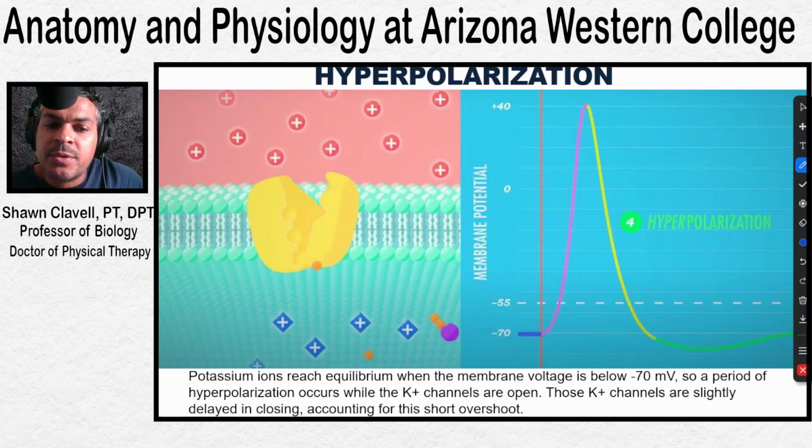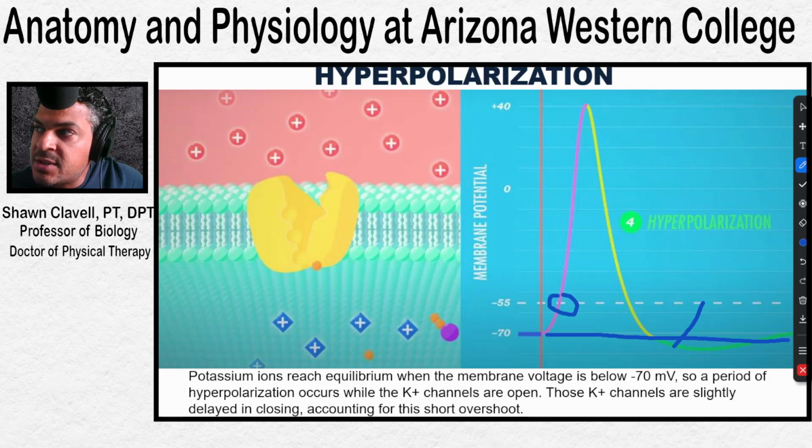And this hyperpolarization allows for a little bit of a break in those cells, right? So what we get is now there's resting membrane potential. It goes a little bit below resting membrane potential. It requires more of a stimulus to get to this action potential. And so the idea of an action potential is that it's an all or nothing principle, meaning that if you do not reach a threshold, you do not get an action potential.